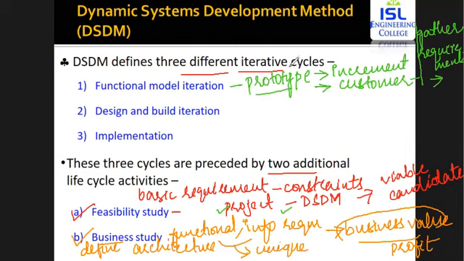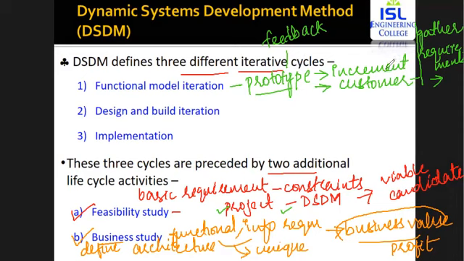The end user is going to see this prototype, perform a few operations, and based on that provide feedback on whether the features you're embedding within the software are the same as what the end user has requested. If you want any more changes within the model, those can also be made within the next prototype. So this is the functional model iteration.